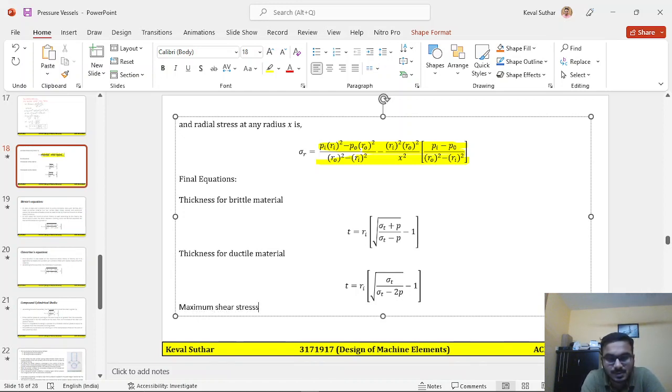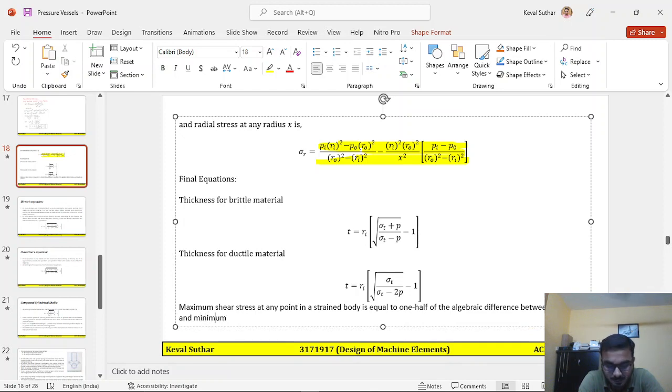Maximum shear stress at any point in a strained body is equal to 1/2 of the algebraic difference between the maximum and minimum principal stresses at that point.